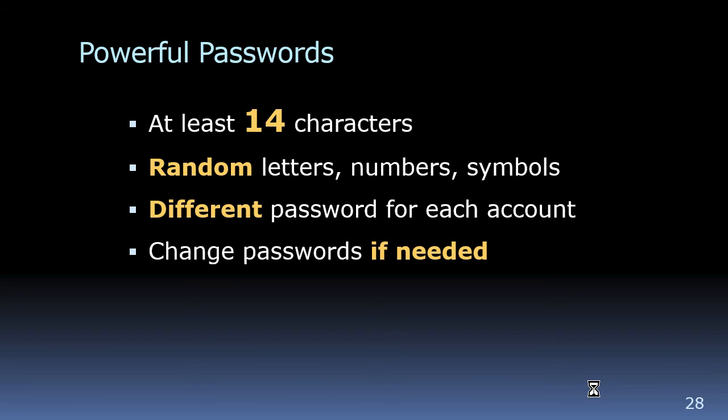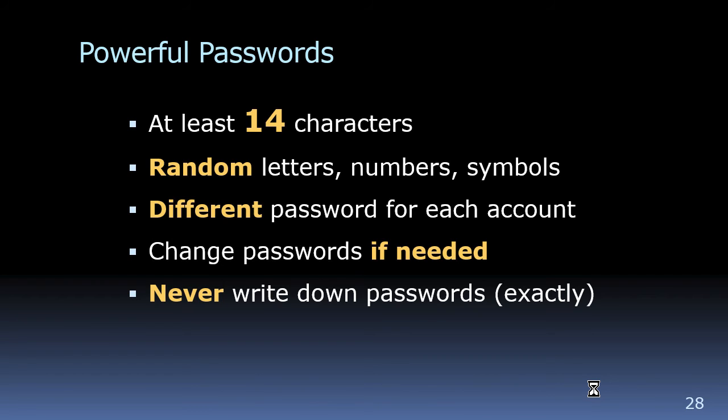You don't need to do that, but change it if you need to, meaning if there's some kind of warning about problems, then yes, change the password at that time. And the experts say never write down your passwords. Well, never write down the passwords exactly correct. Put little mistakes in there that only you know about, right? And then use a password manager, some kind, to just keep track of all your passwords. It makes life a lot easier.